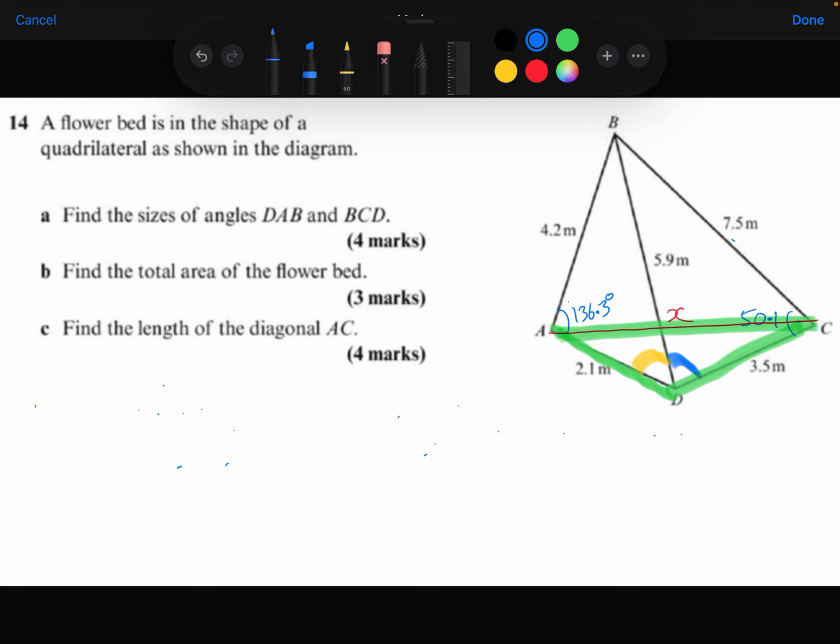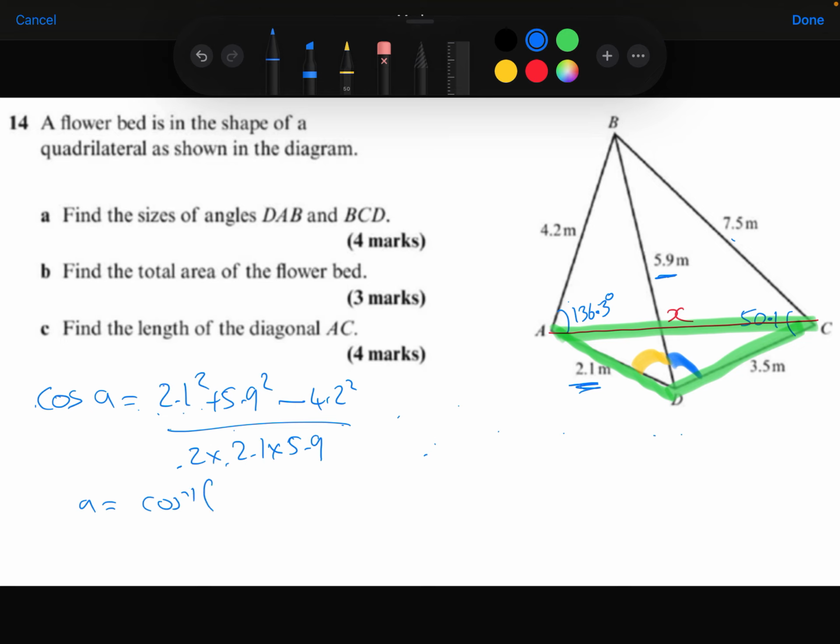So for the yellow angle, again let's use the cosine rule. So cos A is equal to, now in this case I'll do 2.1 and 5.9. 2.1 squared plus 5.9 squared minus the 4.2 squared, divided by 2 times 2.1 times 5.9.